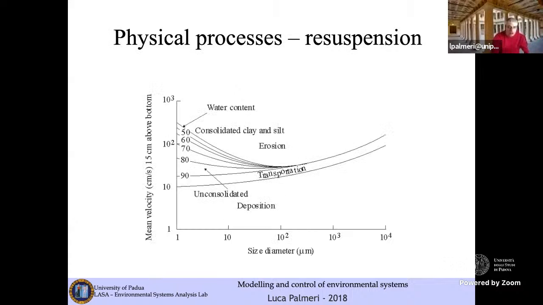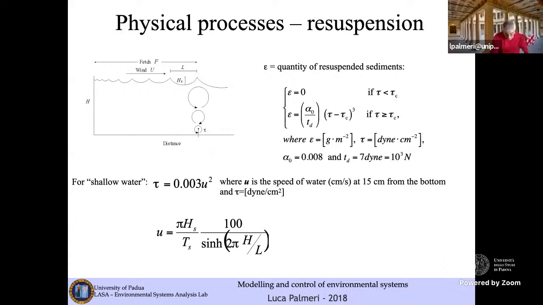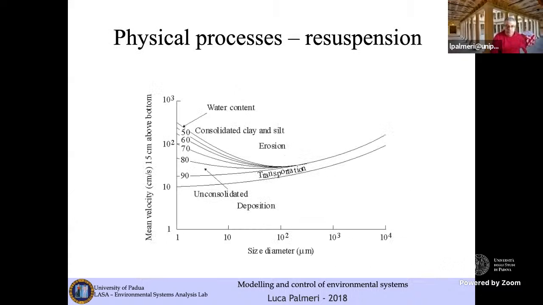You see there are a lot of assumptions. In particular, the key assumption you should recall is that the speed of the water is that at 15 centimeters from the bottom. You may, for example, estimate the suspension by this model by measuring the speed of the water at 15 centimeters from the bottom. This is a practical way of estimating the suspension by a model.